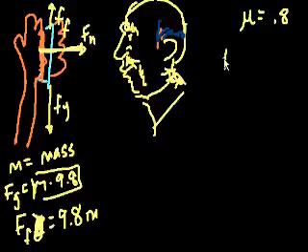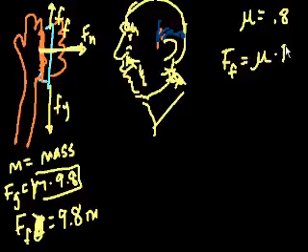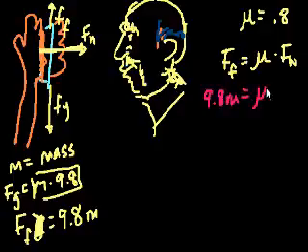And we know that the force of friction is equal to the coefficient of friction times the normal force. I'm going to switch colors because this is getting monotonous. The force of friction, we know, has to be 9.8 times the mass, so 9.8 m is the force of friction. And that has to equal the coefficient of friction times the normal force. Remember, the normal force is essentially the force that I'm pushing the pie with.